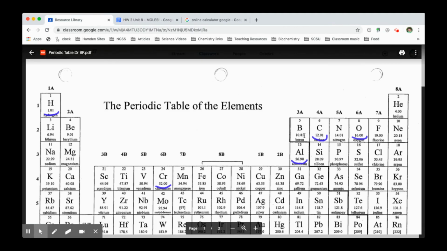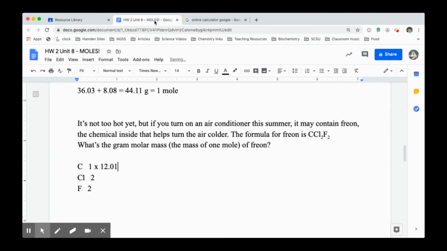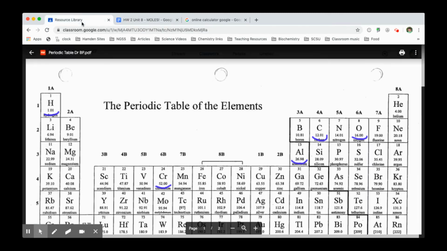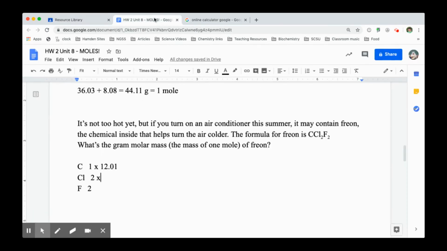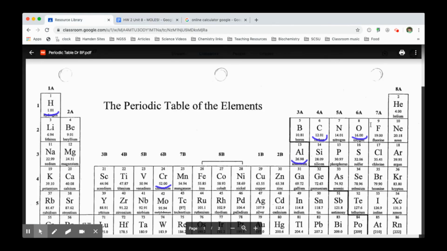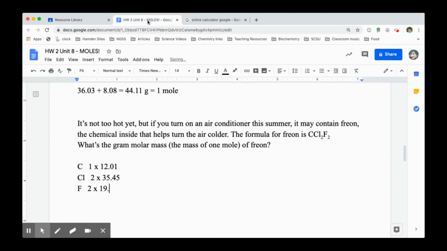Carbon is 12.01. Chlorine is 35.45. And fluorine is 19.00.